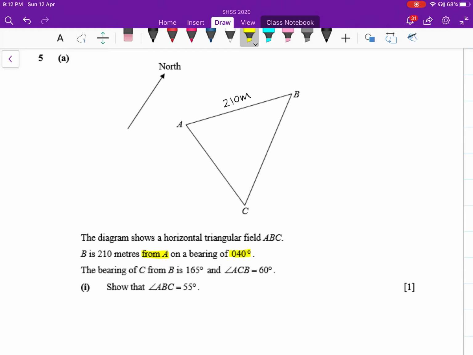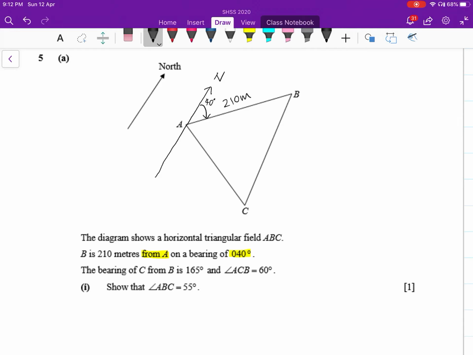So from A, I need to draw my north. However, if you look at this question, the north is not facing upwards. It's diagonal. So we need to follow the north that the question gives us. From the north of A, I turn to my right, and that is 40 degrees.